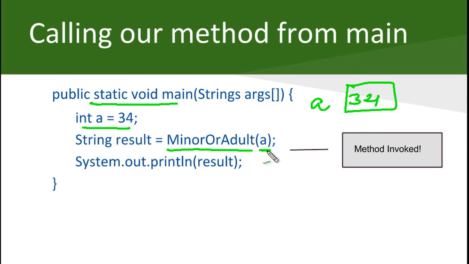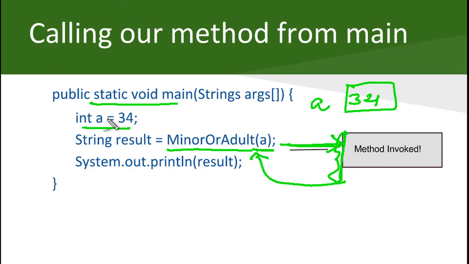As soon as this method is called, the execution here will be stopped and the execution will go to the method. When the method is finished or when the method returns something, it will come back here.